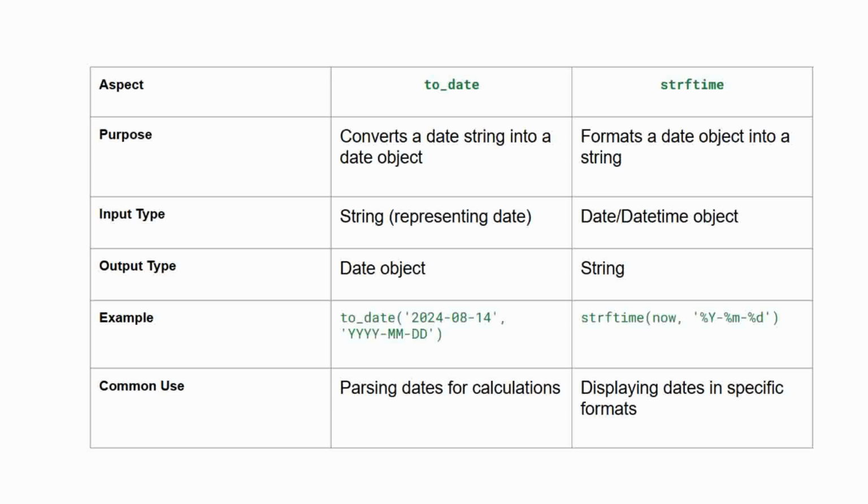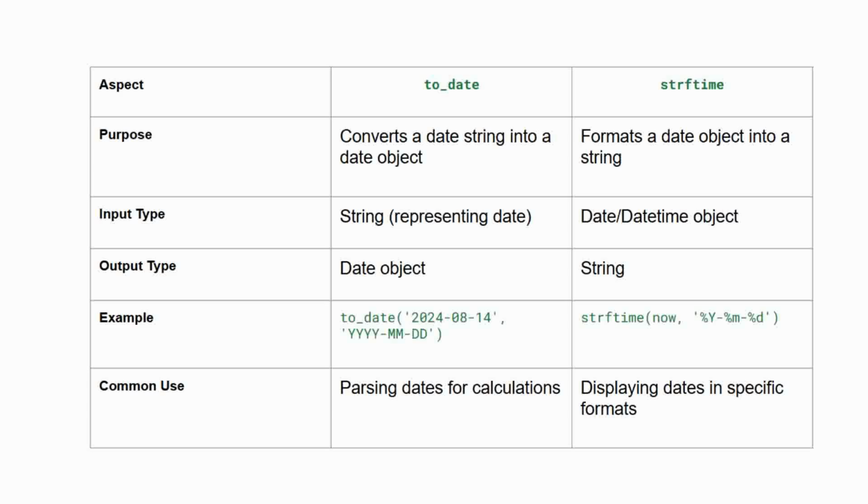In Workato, the main purpose of toDate is that it converts a date string into a date object, whereas strftime formats a date object into a string. toDate requires a string input, whereas strftime requires a date or date-time object. The output type also matters here: toDate gives you a date object and strftime gives you a string.